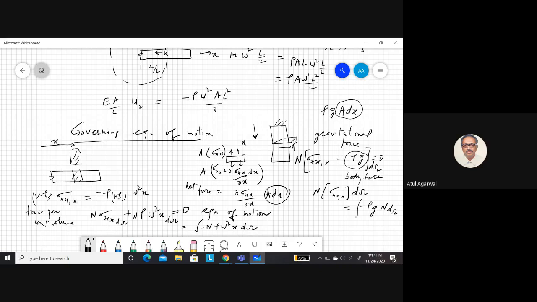This was equal to mass into acceleration. And this is towards the center. So you will see your body force is like this.